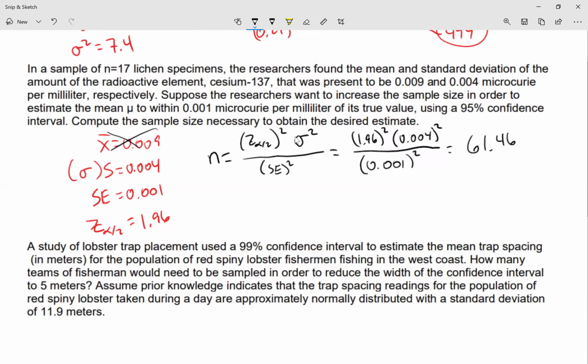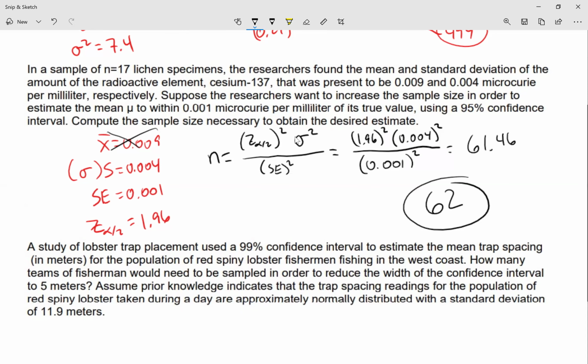Okay, but we cannot have decimals, right? My sample has to be a whole number. So less than 61.46 is not good. So I'm gonna say in this case, because remember I have to round up, my answer is 62. We're not following the rules that we do for the rounding, right?